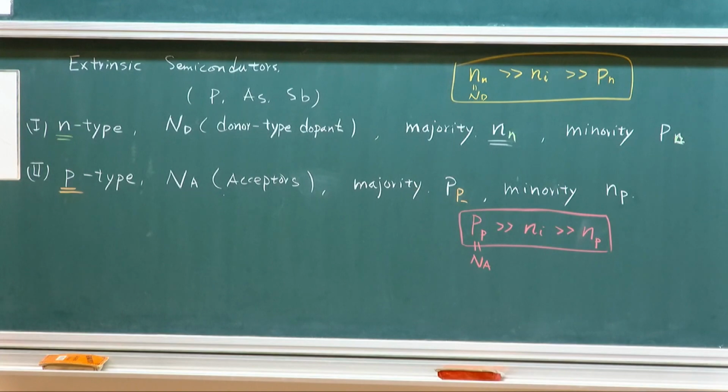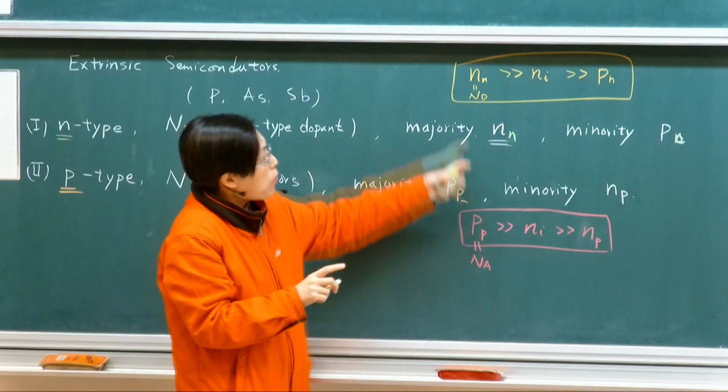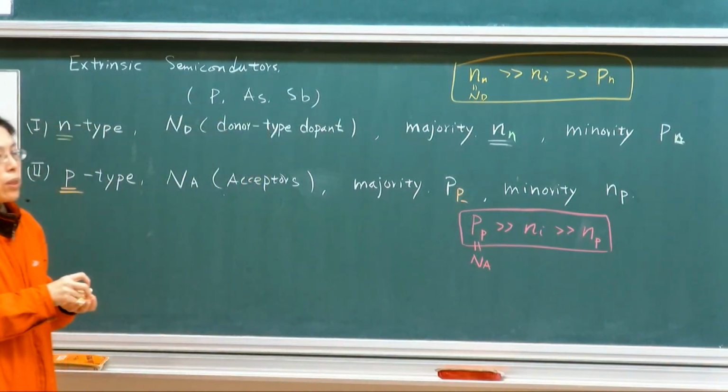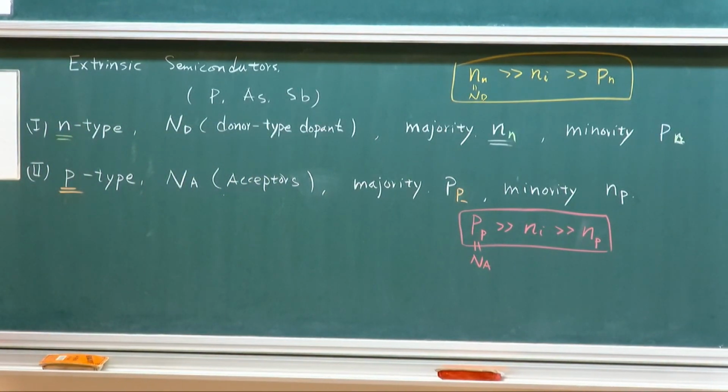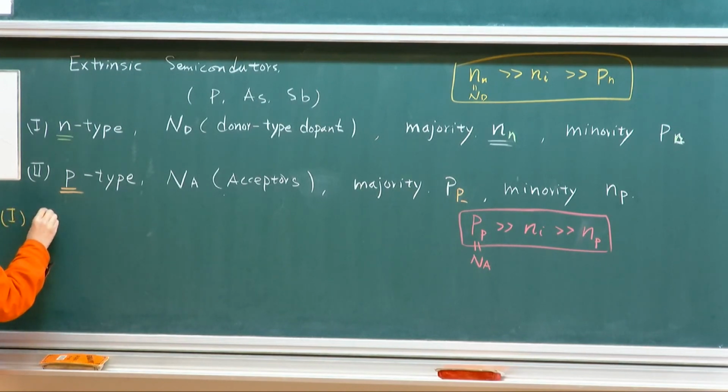Let me think, I have enough space. So let me write down how you find these majority and minority carrier concentrations based on two rules. One is what we call the charge.